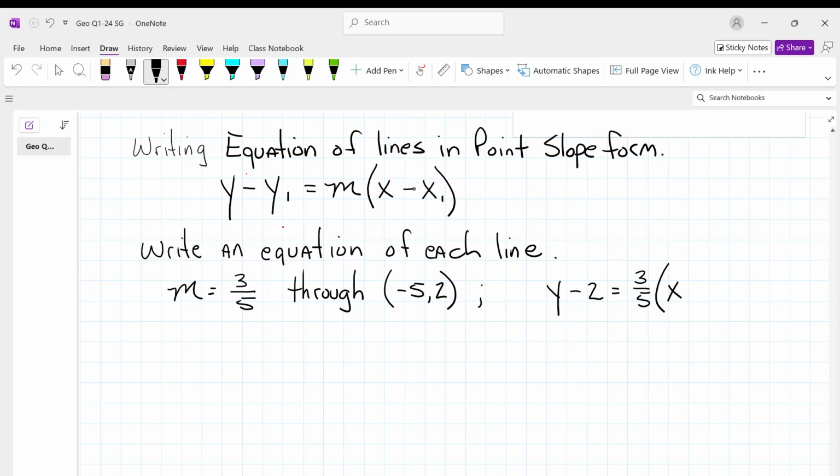Now, in these parentheses, you're going with the opposite of the x sub 1, or the opposite of the x value given. So if the x value given is -5, then we go +5. Close the parentheses, and that's the equation in point-slope form for a line with a slope of 3/5 that goes through the point -5, 2.